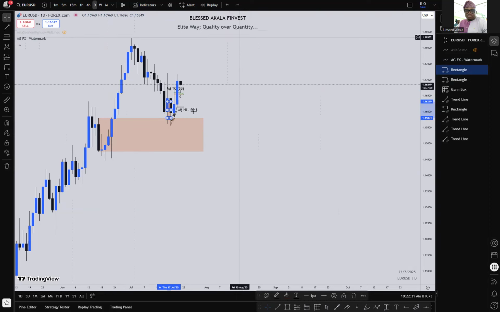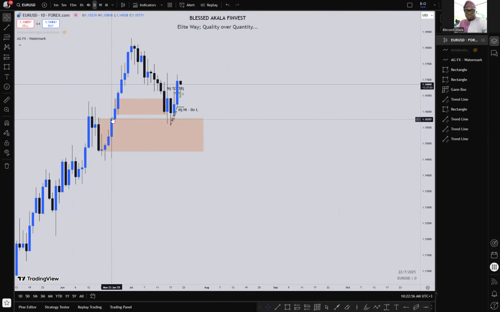We have this internal structure that we talked about. As we can see, price goes through the internal structure, but what we notice is it didn't close below the internal structure.